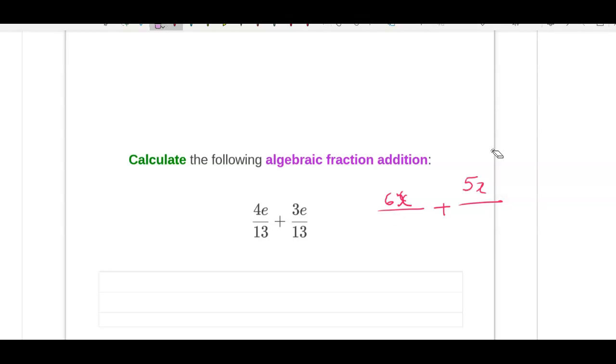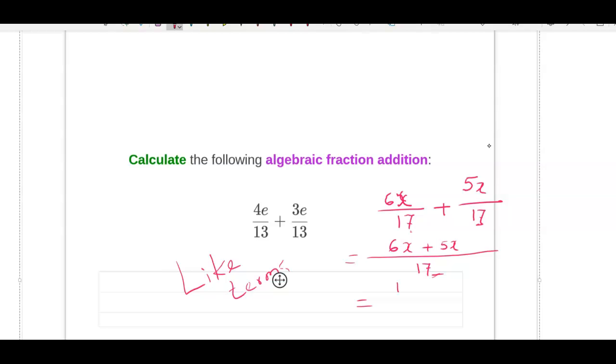Let's say 6x over 17. That should be equal to, now probably by now you realized that is simply copied unchanged over there, and then it'll be 6x plus 5x, which will give me 6x and 5x are like terms, they can be added. So it'll be 11x over 17 is the answer.